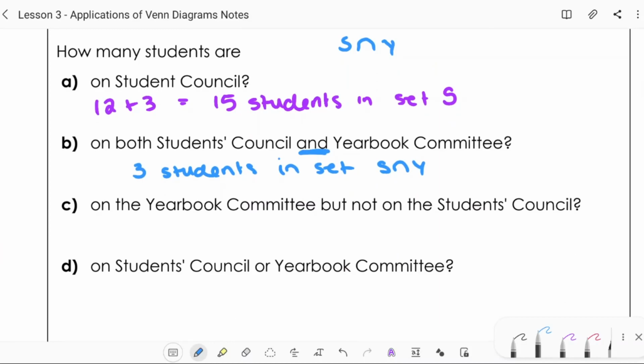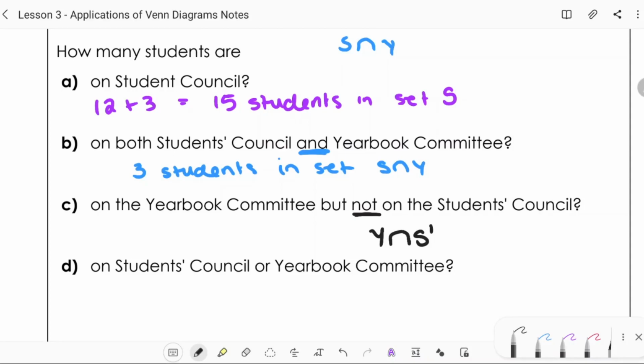Next, students on the yearbook committee, but not on the students' council. So I'm looking for some element of S prime. Not on the students' council is talking about the complement of S. But I'm looking for students who are on yearbook committee, so part of set Y. But is kind of like another way of describing and.